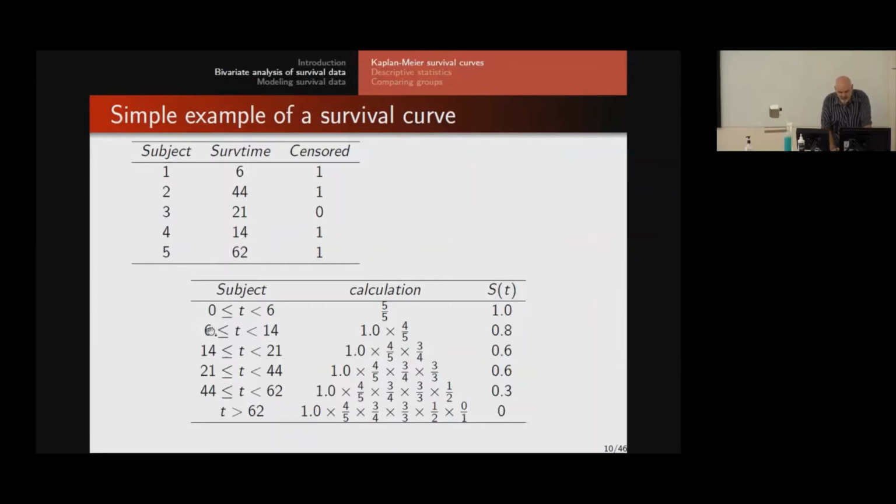So in that interval, day 6, including day 6, up to day 14, but not including day 14, so exclusive, that one patient died. So the probability of surviving up to but not including day 14 is 80%, because you've got a 100% chance of surviving the first 6 days, and an 80% chance of surviving between day 6 and day 14. So the survival curve at that point goes from 1 down to 0.8.